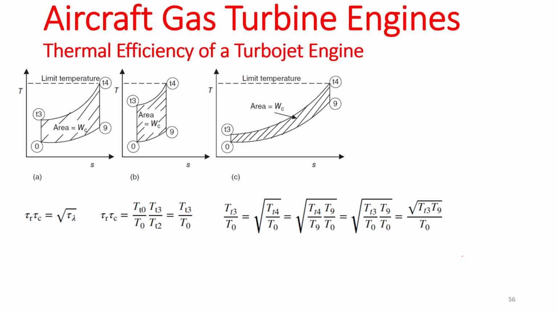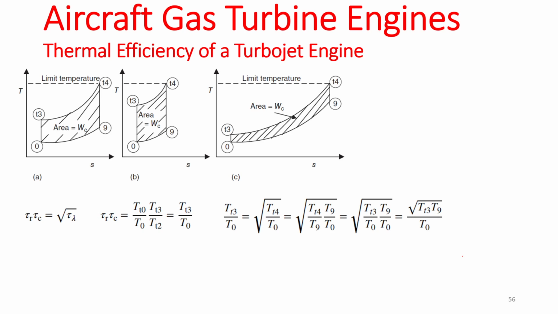Tt2 and Tt0 are equal, so it's essentially going to be Tt3 over Tt0. Does it make sense? Okay. So what you're saying with this equation is that Tt3 over Tt0 is equal to Tt4 over Tt0. Okay?